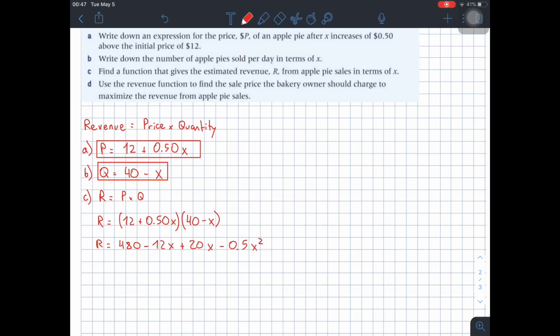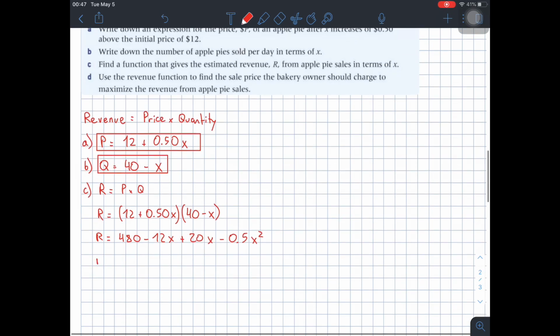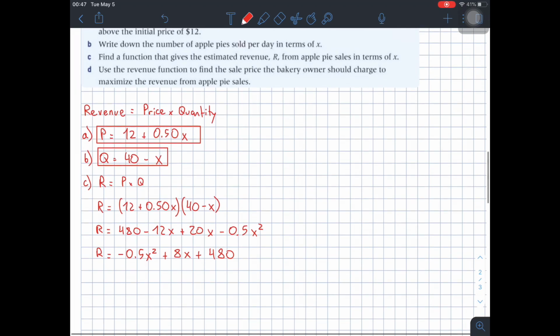And if we keep on simplifying this, we'll get the equation, which would be, let me write this term first, negative 0.5x squared plus 8x plus 480. So you see that once again we're getting a quadratic equation out of this problem, okay?